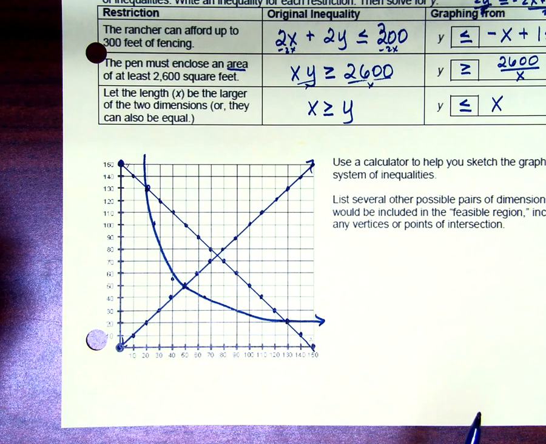What's left to do? For a system of inequalities, what do I have to do? Shade, right? I need to shade.